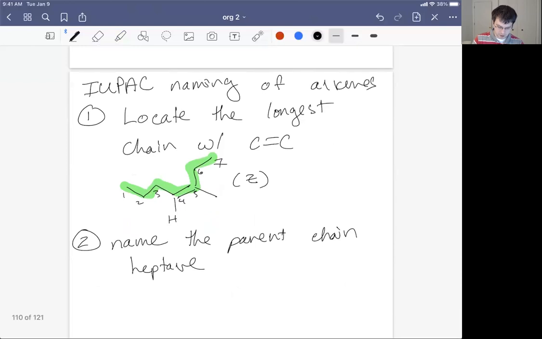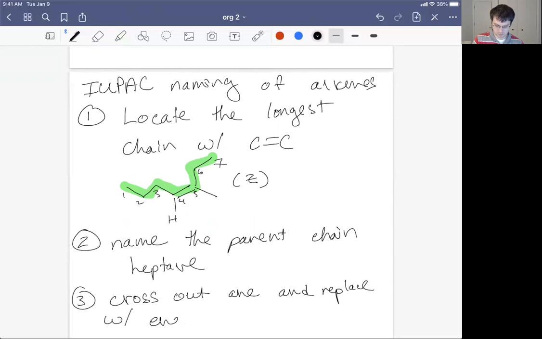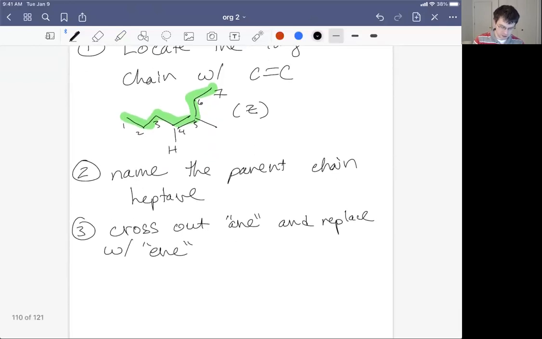Step 3 for naming is to cross out the ANE and replace it with an ENE. So the ane becomes ene because we went from having an alkane to an alkene. So our heptane now becomes a heptene.